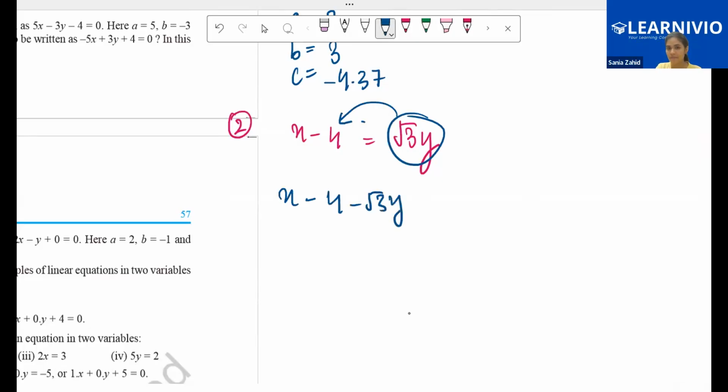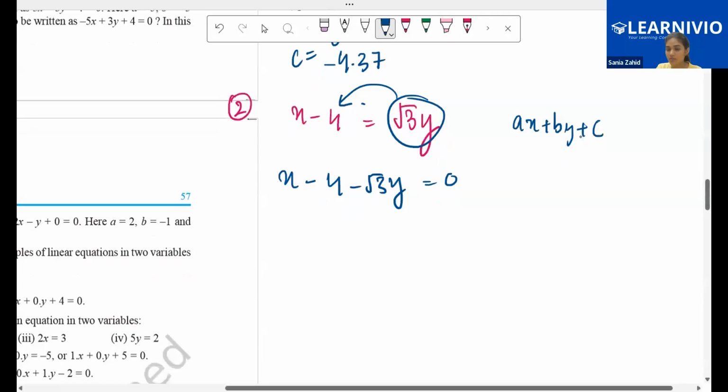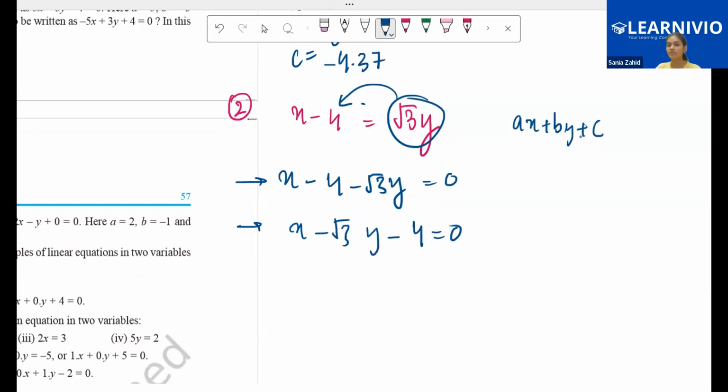No, this is not the general form till now. Our general form was ax, then by, and then plus c. Here you have the constant term in between. That's wrong. So you have to rearrange it. Okay, you rearrange it to write x minus under root 3y, and then minus 4 is equal to 0.